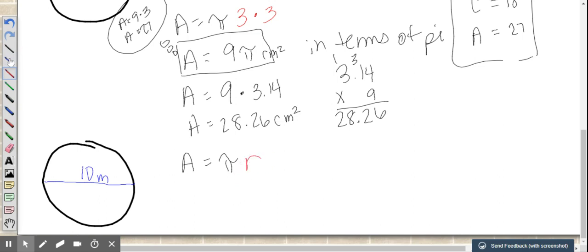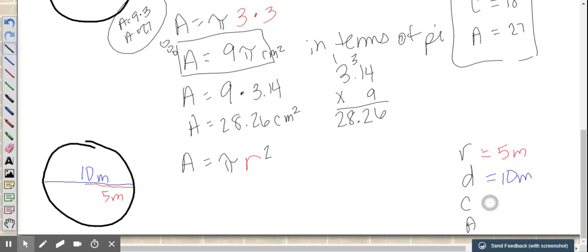We can't use that diameter. That has no part in our formula. So we have to come over here and go, okay, what's the radius? Well, the radius is 5 meters. So if they give you the diameter 10, then you know the radius is 5.